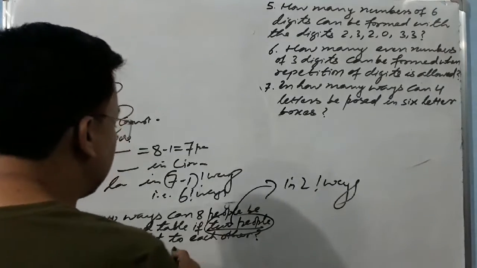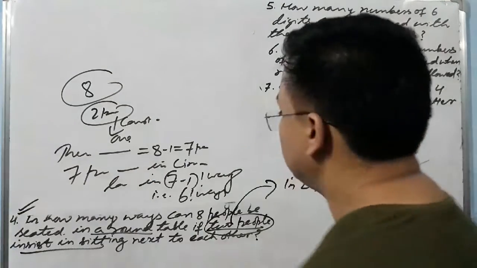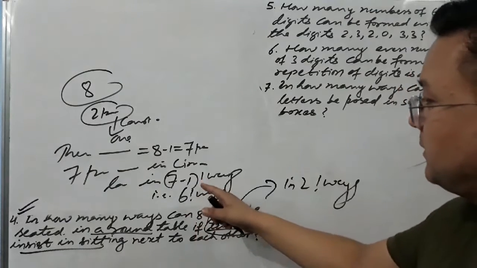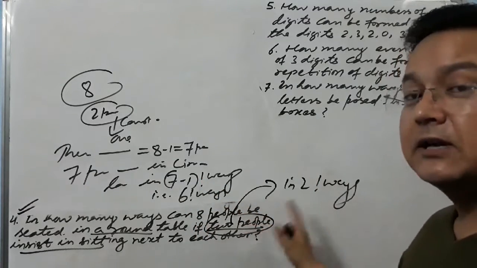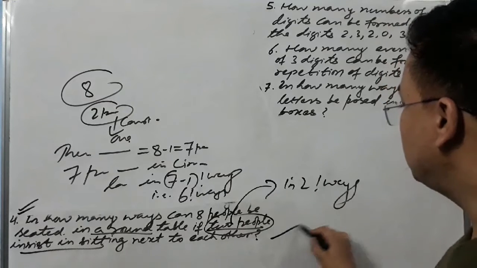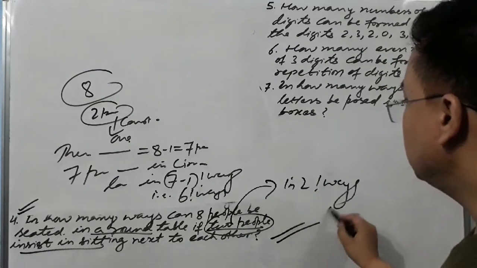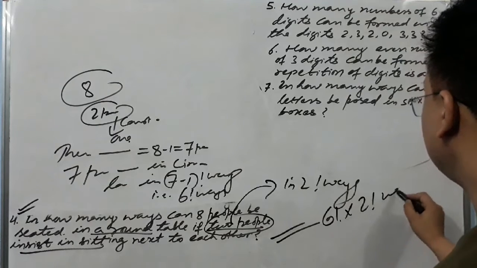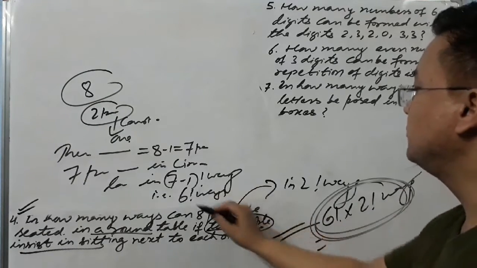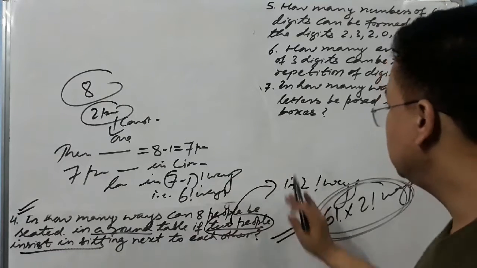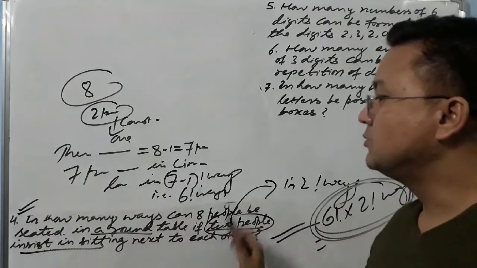So what will be your final answer? The 7 people can be arranged at a round table in 6 factorial ways, and the 2 people can interchange their seats in 2 factorial ways, so the total number of ways is 6 factorial times 2 factorial. You just need to multiply; the product of these two is the answer to this question.